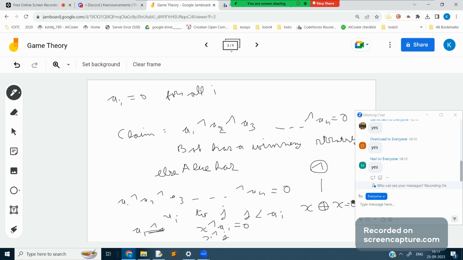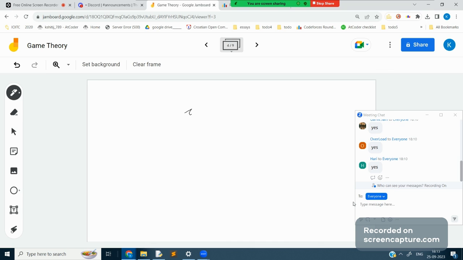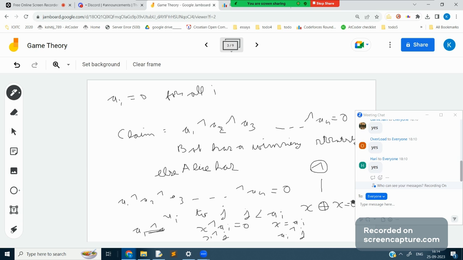Since x XOR Ai equals 0, x equals Ai. So now you have Ai XOR j, which will be the XOR value after the move, with j not equal to Ai. These are two different numbers, so they must differ in at least one bit, so the XOR will be 1 for that bit and the number will be non-zero. So from a zero state, we will always go to a non-zero state. Is this part clear to everyone?